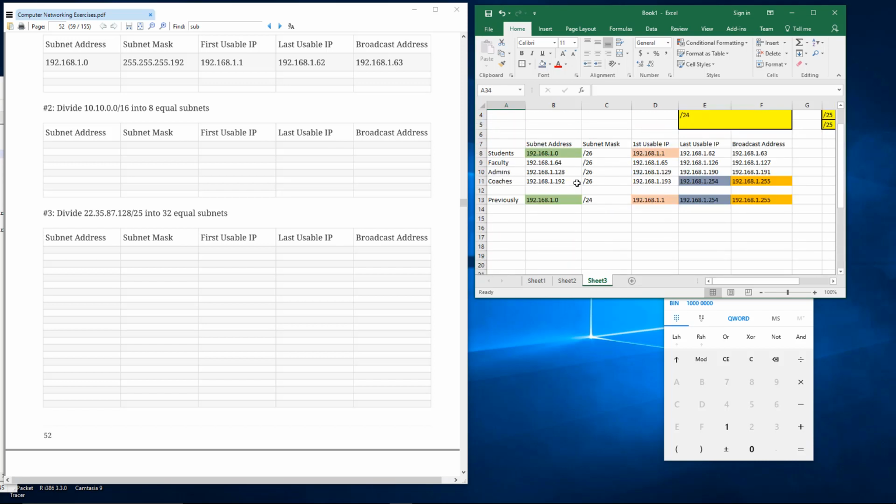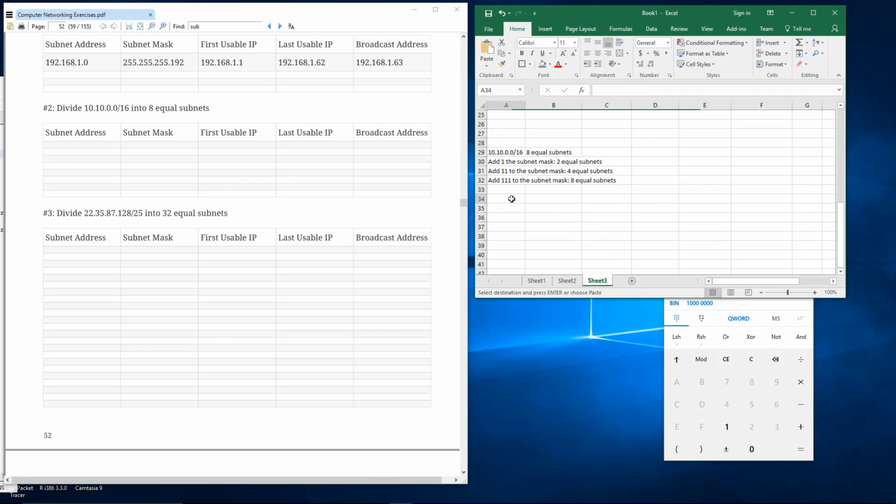Okay, so let us copy kind of this format here. So we know we need 8 equal subnets, so I need 3 more 1s. I know I have 16 ones there, so my new subnet mask I know is going to be /19. 1, 2, 3, 4, 5, 6, 7, 8.